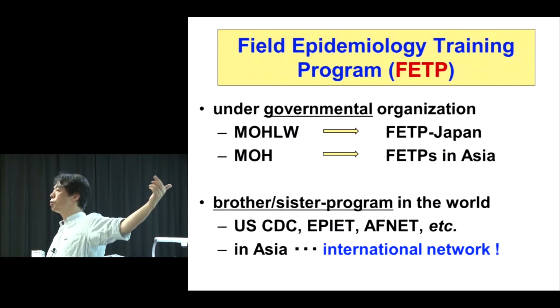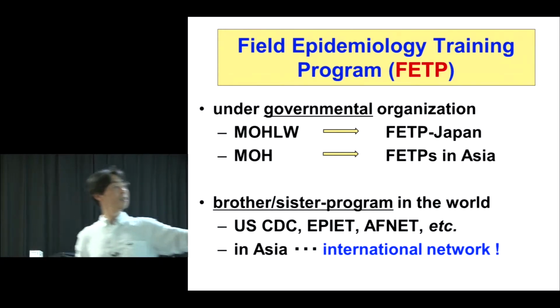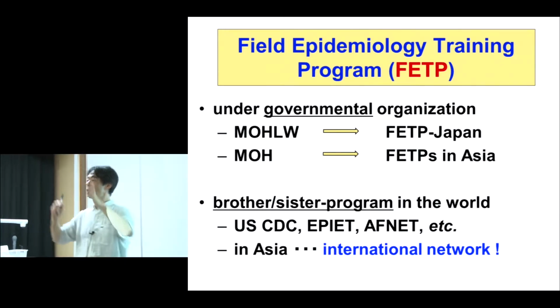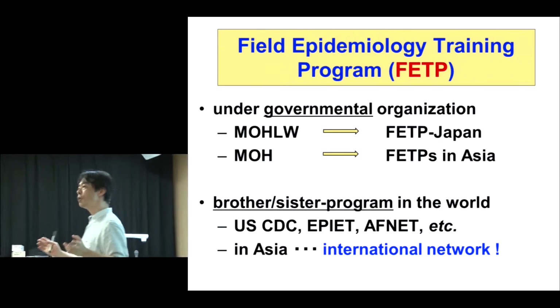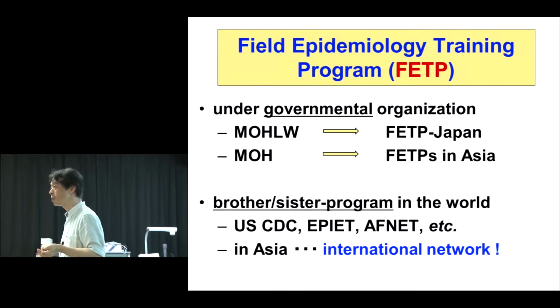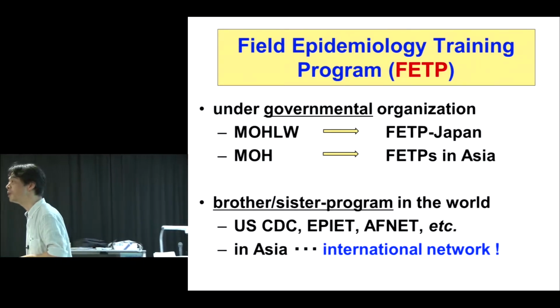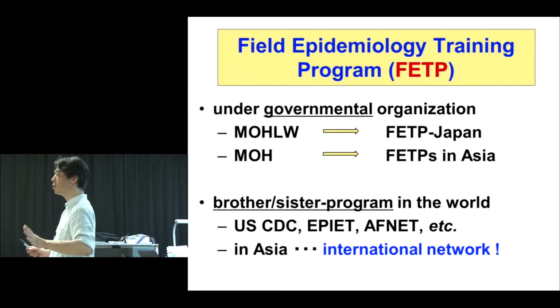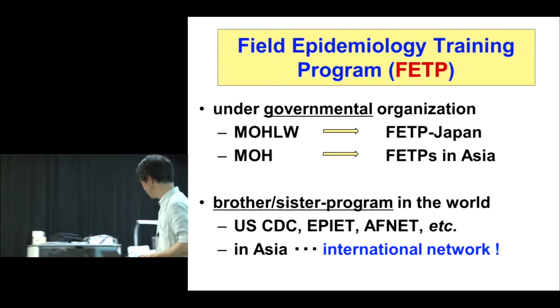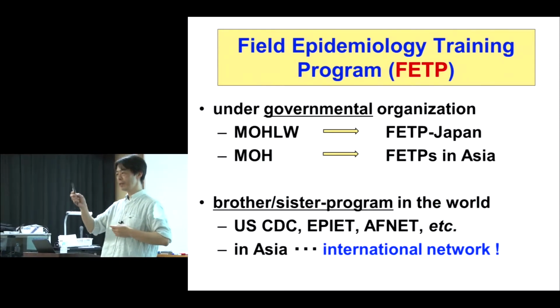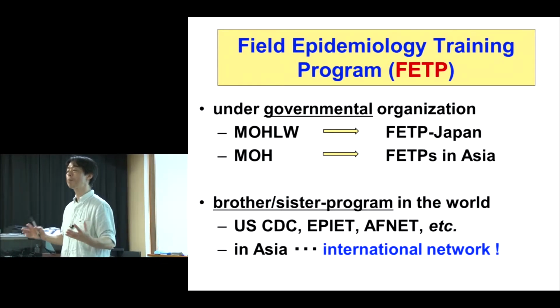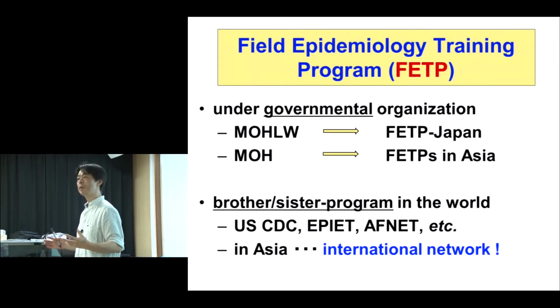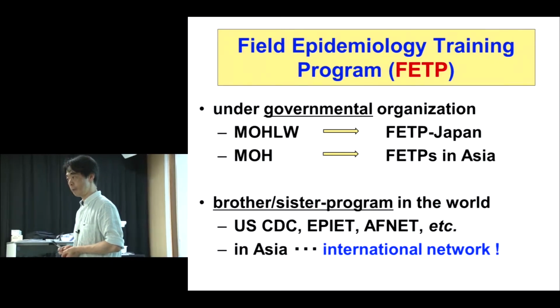It's a sort of capacity building training course based at the National Institute of Infectious Diseases, a two-year program. The main objective is to develop a core capacity of field epidemiologists in Japan.